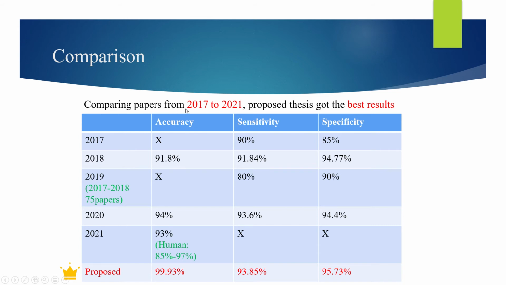Comparing the papers from 2017 to 2021, our proposed thesis got the best results. Before 2017, there were no related papers on AI hydrocephalus detection, so we didn't find any, and I just selected the period among this.